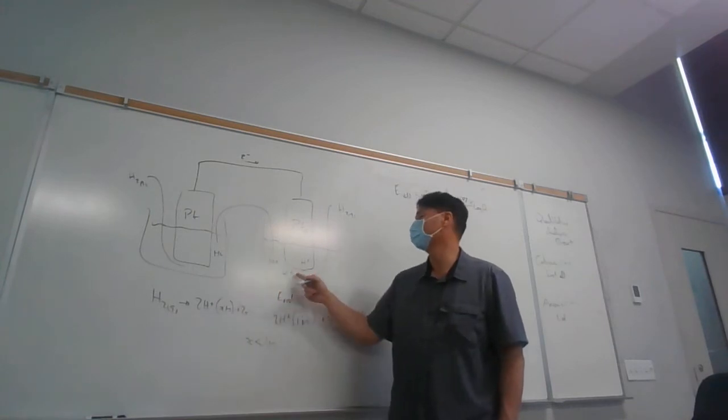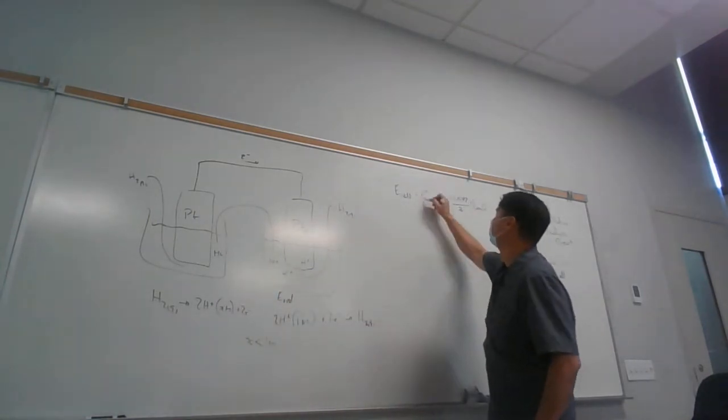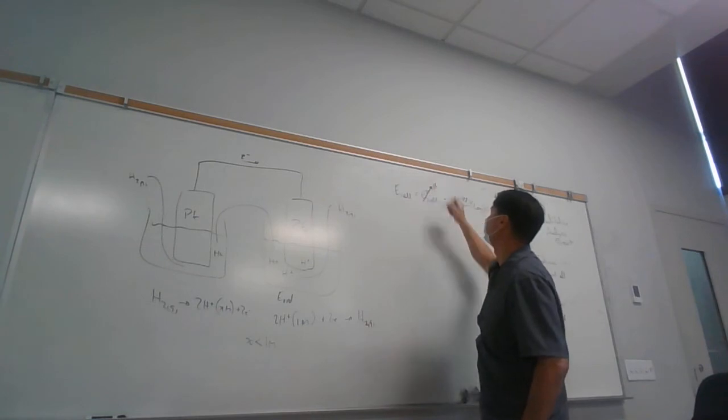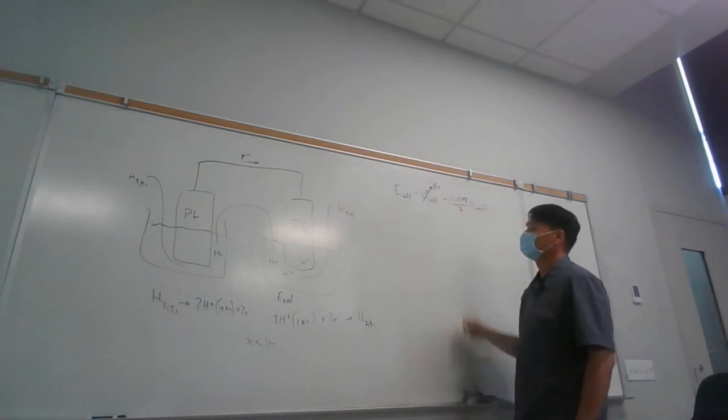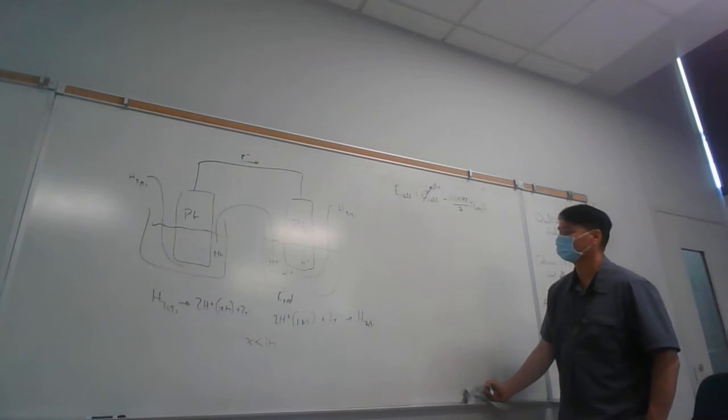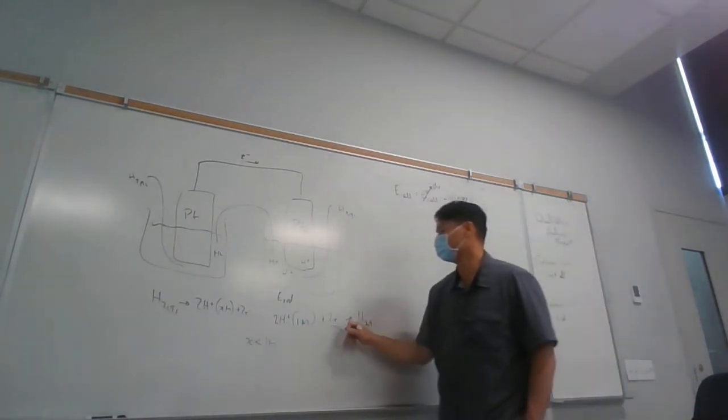If we have 1 molar versus 1 molar, it's a tie. Neither side wins, and there's going to be no flow of electrons. The number of electrons transferred, Z, is 2.